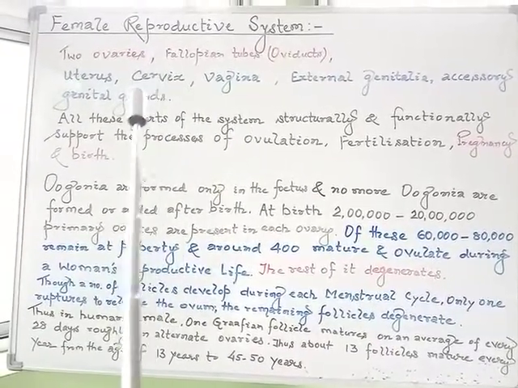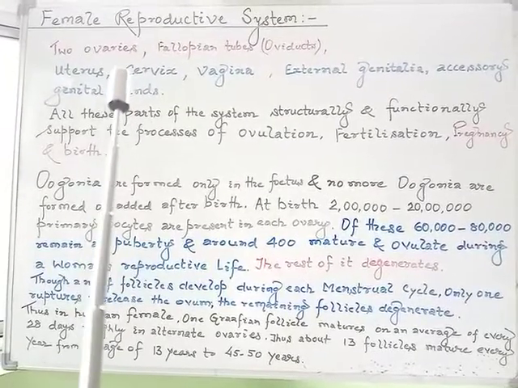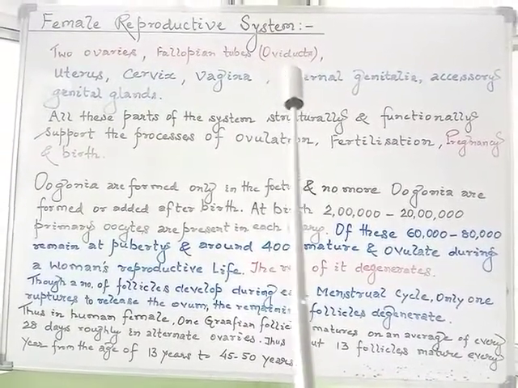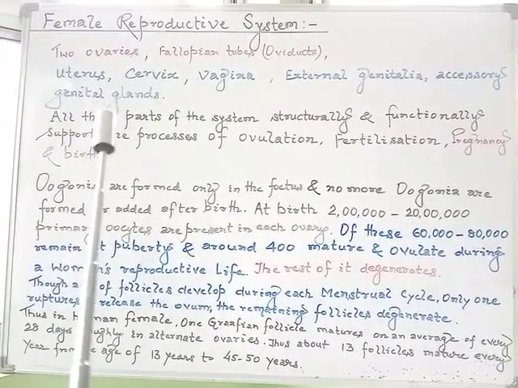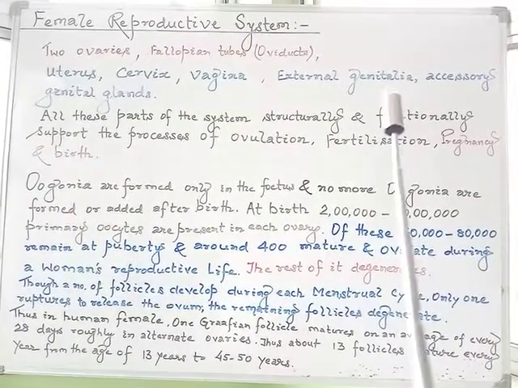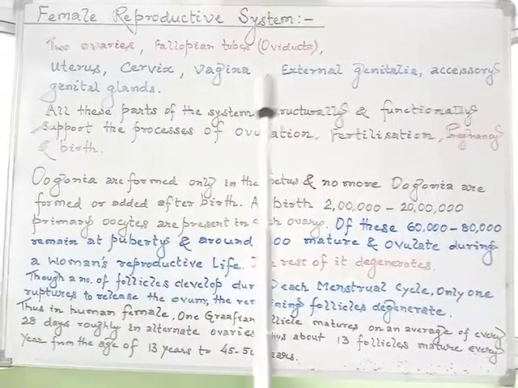The human female reproductive system consists of two ovaries and two fallopian tubes, also known as oviducts, as well as the uterus, cervix, vagina, external genitalia, and accessory genital glands.